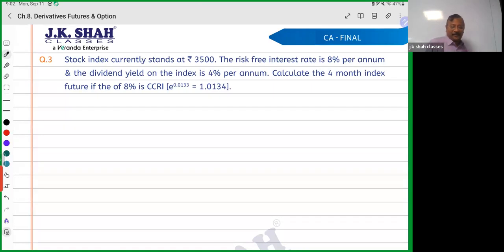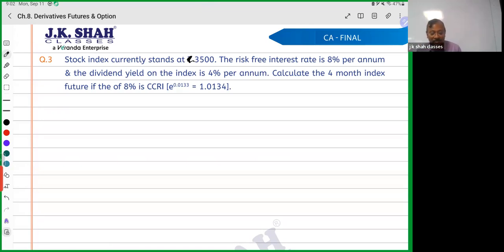Stock index currently stands at 3,500. Actually, this should not be rupees. Stock index, there's no rupees. Stock index stands at 3,500. The risk-free interest rate is 8% per annum. And the dividend yield on the index is 4% per annum.